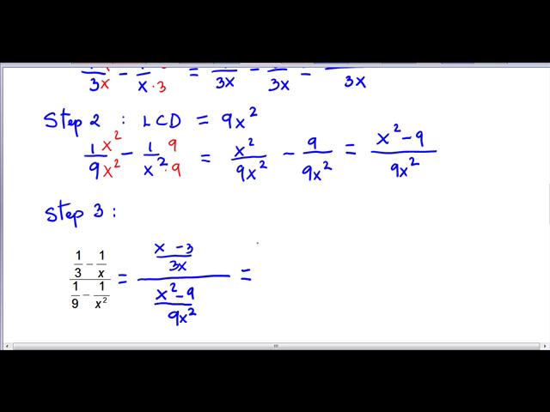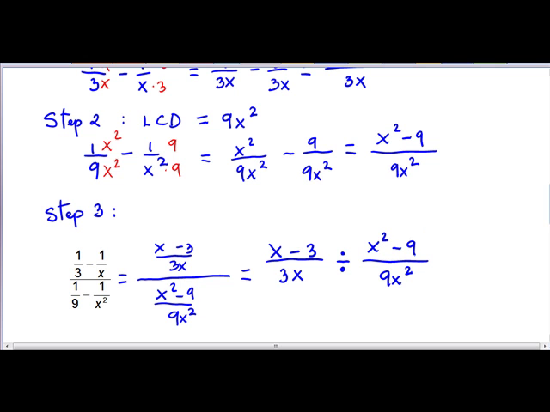Then we take the numerator divided by the denominator. So let's rewrite that as x minus 3 over 3x divided by x squared minus 9 over 9x squared.